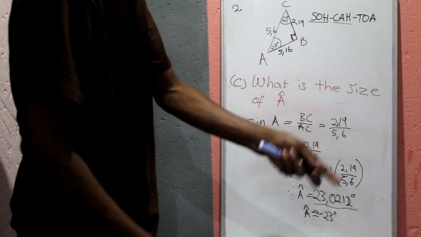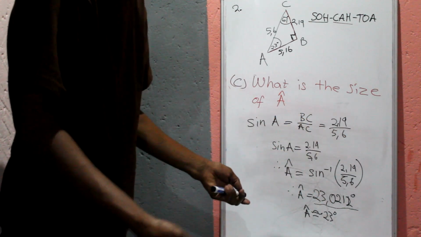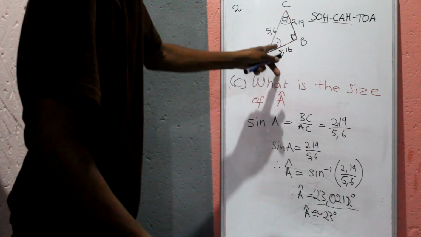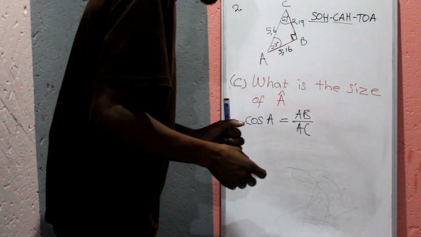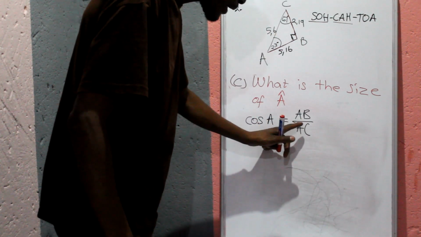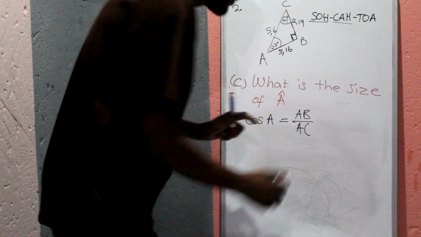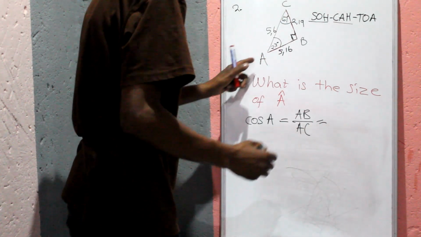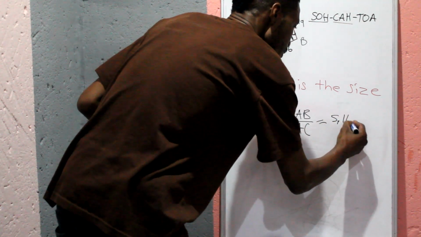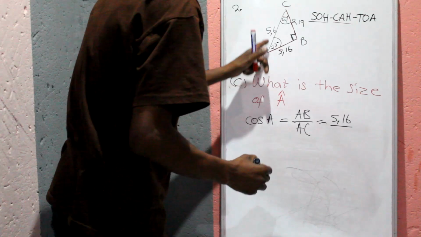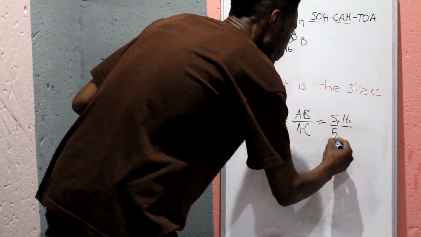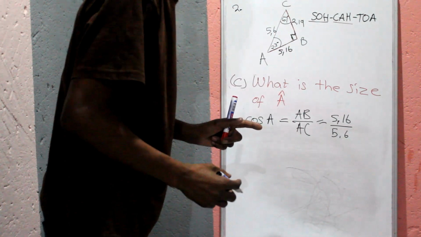Now let's see if we get nearly the same thing when we're using the adjacent side. So cos A will be equal to AB over AC, which is going to be AB being 5.16 over 5.6, which is my hypotenuse.